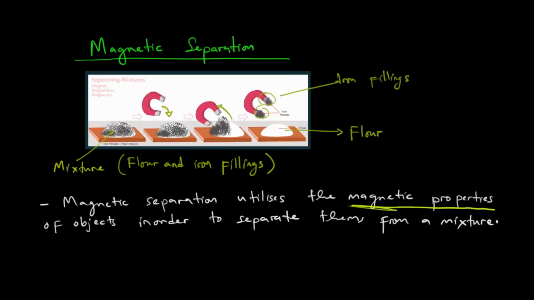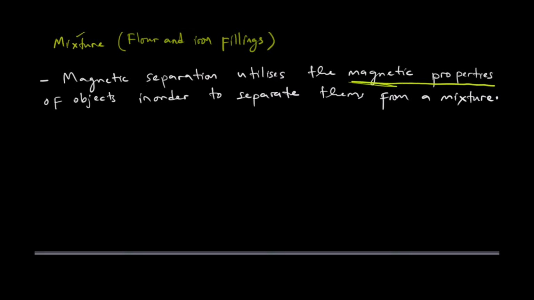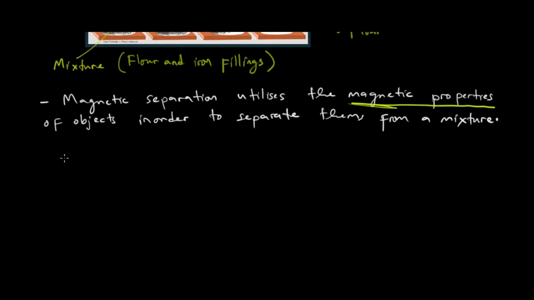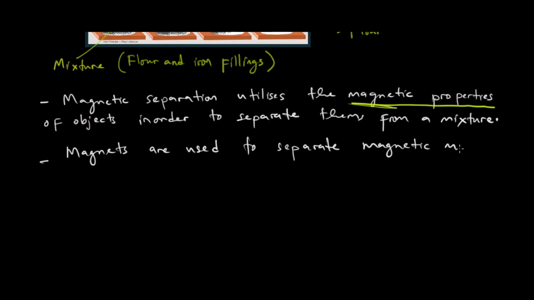Magnetic separation is a process that uses magnets to separate magnetic materials from non-magnetic materials in a mixture. Saka panapa tiri kuti magnets are used to separate magnetic material.